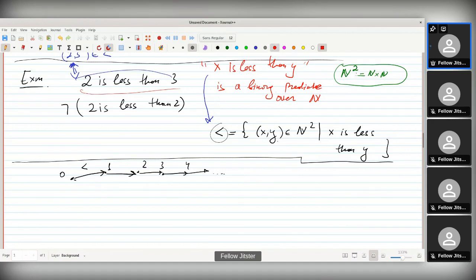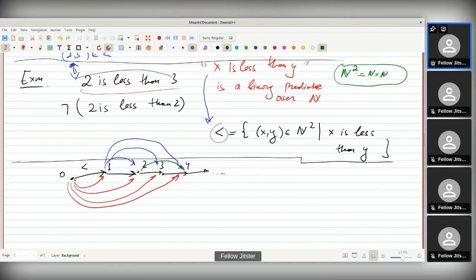Of course, 0 is less than 1, less than 2, less than 3, less than 4, and so on. 1 is less than 2, 1 is less than 3, 1 is less than 4, 2 is less than 4, and so on. Is this idea clear?